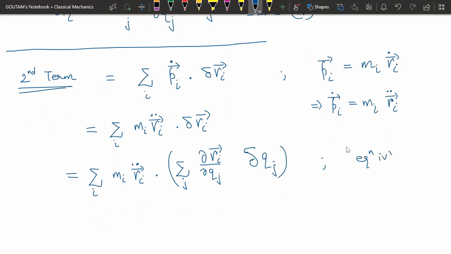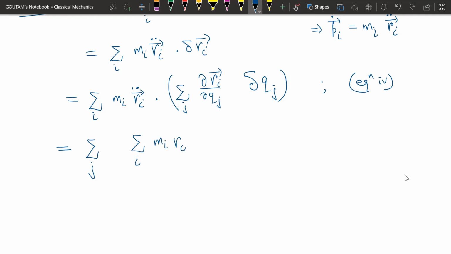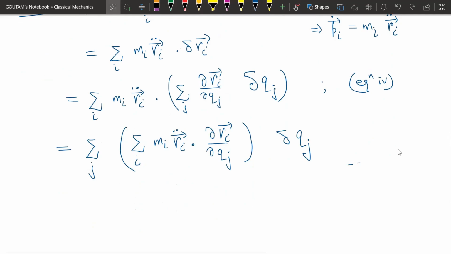The indices i and j are independent, so we can put the sum over j outside, and it becomes the sum over j of the sum over i of mi Ri double dot dot del Ri del qj, times delta qj. This is the second term. Let's call it equation 5.